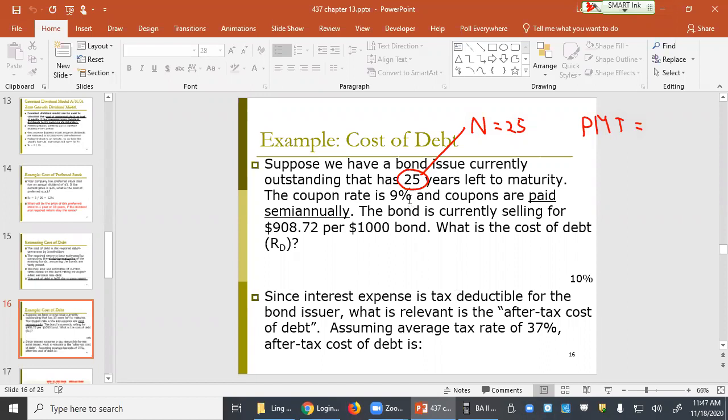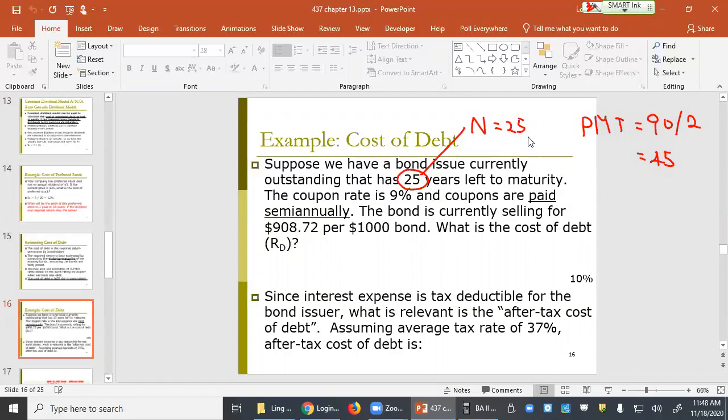So 9% of the $1,000 will be $90 per year, but it says the coupon payments are paid semi-annually. So rather than receiving $90 once a year, you get only half as much, but every 6 months. So it will be $45 every 6 months.